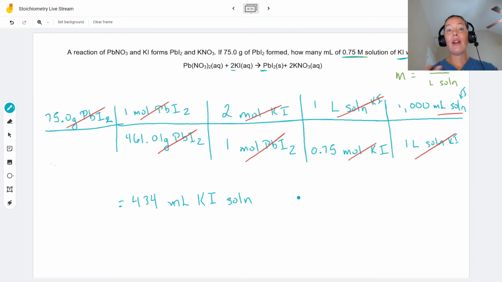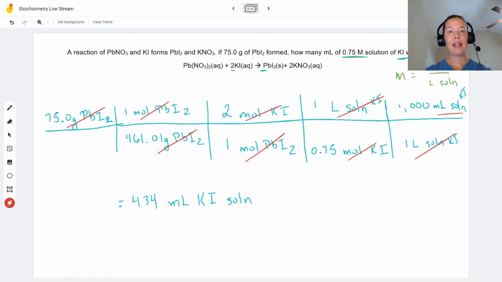Now, another way to approach this problem is to drop this part of it. End the problem here. Calculate your moles of potassium iodide, plug it into this concentration formula, plug in your 0.75 there, and solve for liters of solution. It will get you the exact same answer.